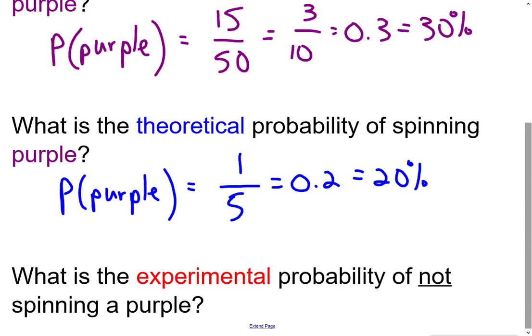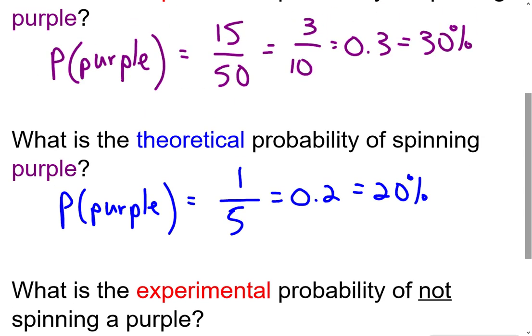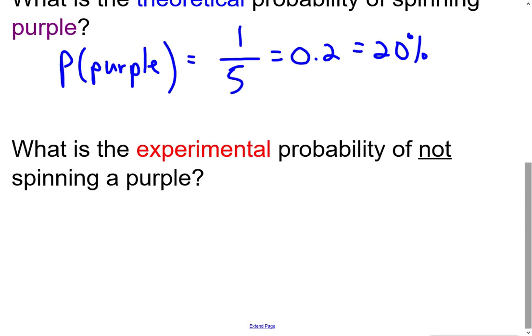Now in the last one, it asks, what's the experimental probability of not spinning a purple? There are 2 different ways to do this. I'm going to go back to that vocabulary word from another lesson called complementary events. We already calculated the probability of getting purple, which was 1/5, or excuse me, that was the theoretical. Experimental, the probability of getting purple was 3/10. So the probability of not getting purple has to add up to 1. Remember, the 2 together have a sum of 1.